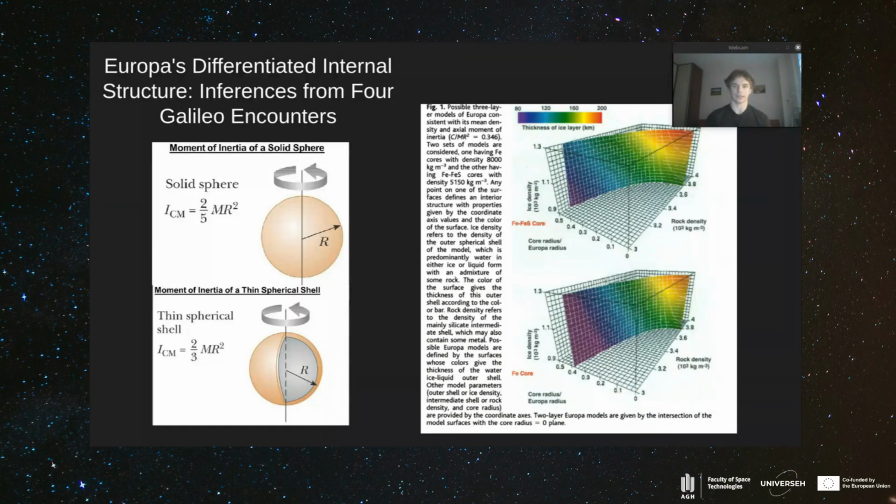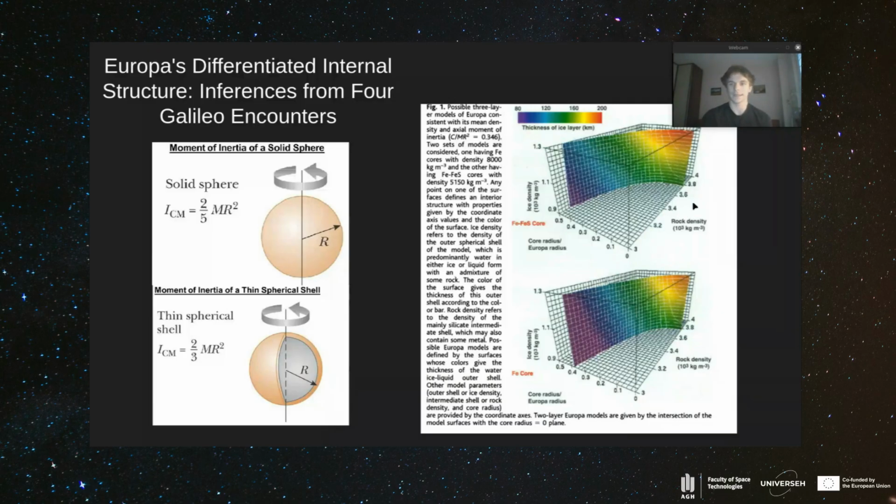This is because if we increase the rock density and core radius, the mass will be more evenly distributed. However, because we want smaller values for moment of inertia, we'll have to increase our expected thickness of the ice.